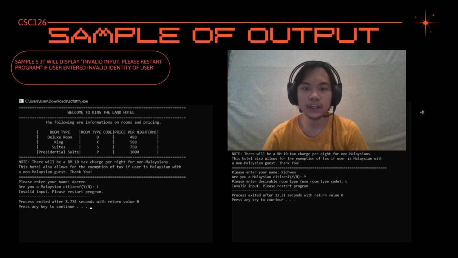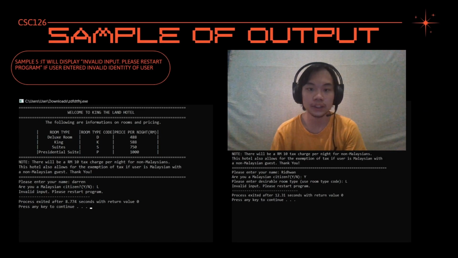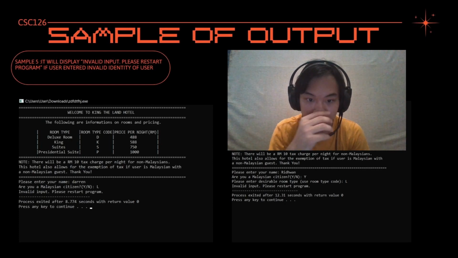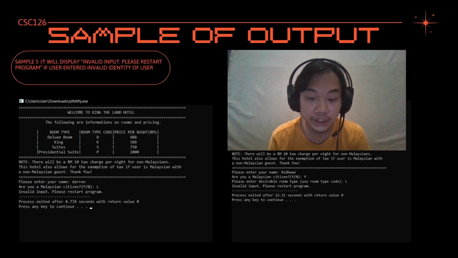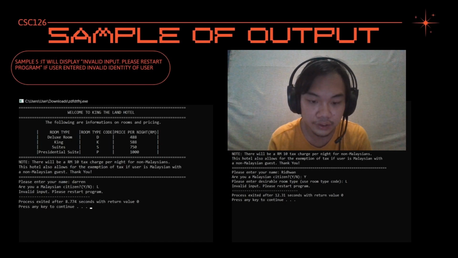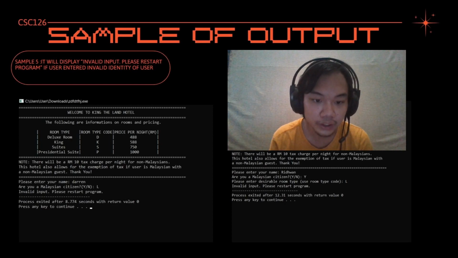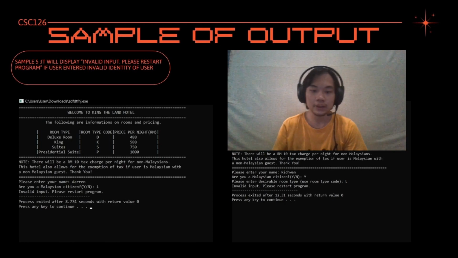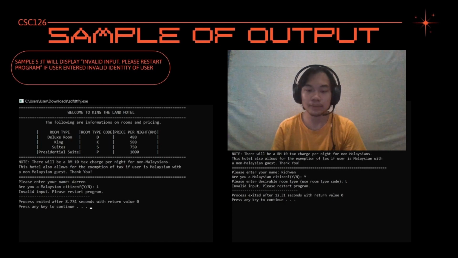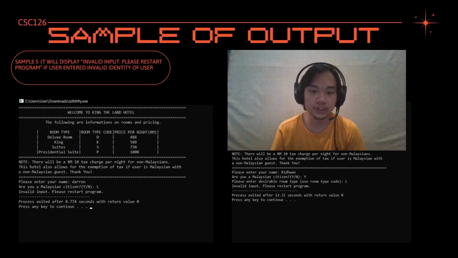Okay, sample number 5. It will display invalid input, please restart program, if the user entered an invalid identity of user. As you can see there, the user inserted a different type of identity on the Malaysian citizen question, C. So you either choose, for the question are you a Malaysian citizen, Y for yes and N for no. If you're a Malaysian citizen, you type a capital letter Y, and if you're not a Malaysian citizen, you just insert the capital letter N. But as you can see, there's an error there.